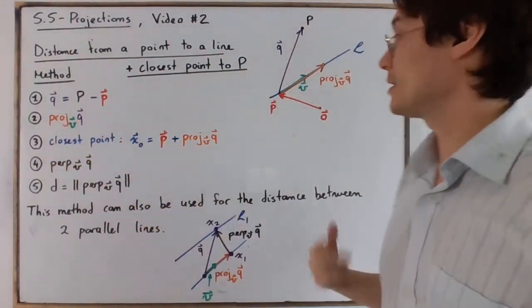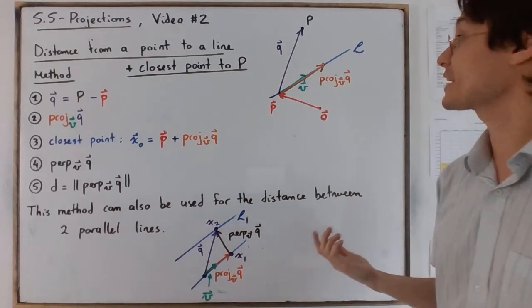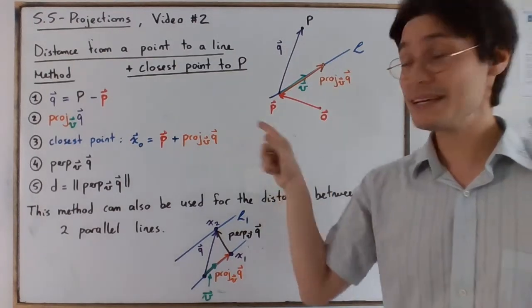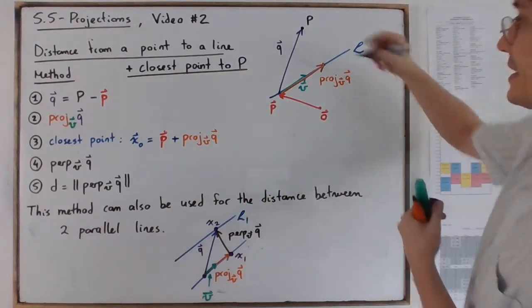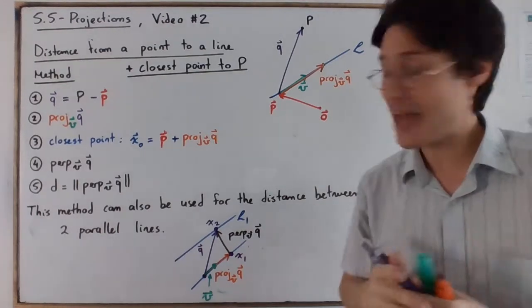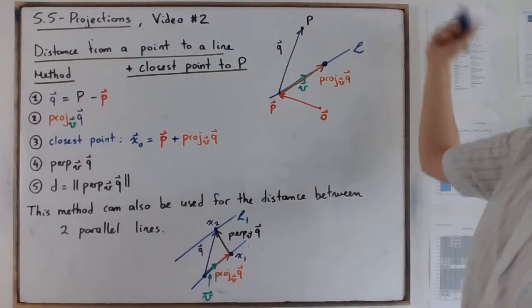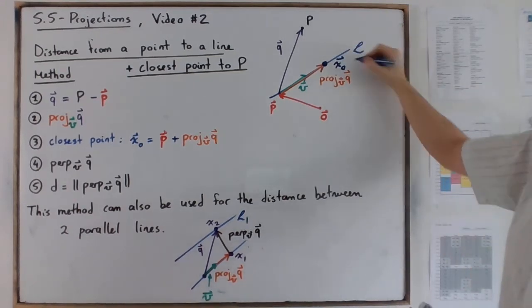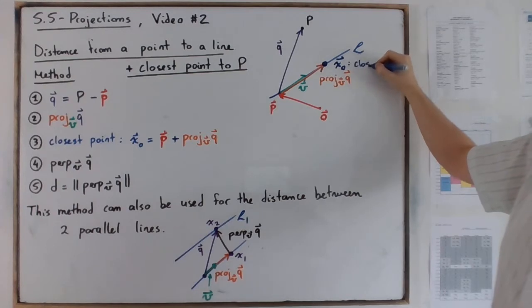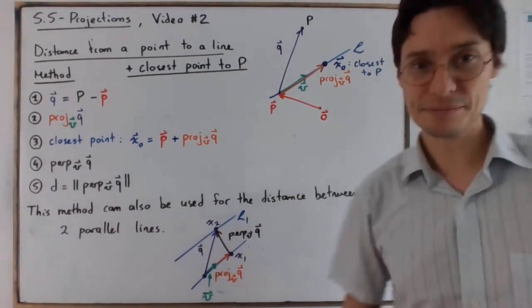So you're projecting the vector Q on the line in some sense, and this will give you the closest point to P. So the closest point to P is the point that's right here, the X naught. In my guideline, it's in blue. So the X naught here is the closest point to P.